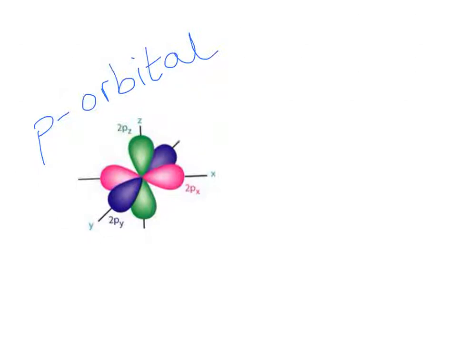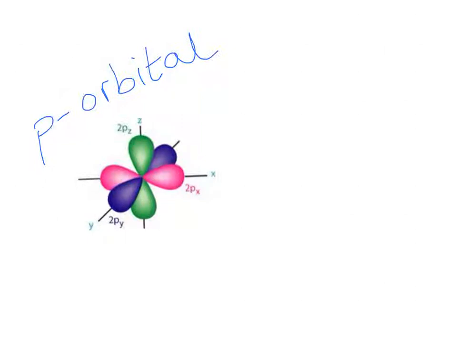So the second type of orbital we are going to look at is a p orbital. A p orbital has a 3-dimensional dumbbell shape, which we'll show a picture of. The x, y and z in the diagram stand for the different axes of the 3-dimensional shape.